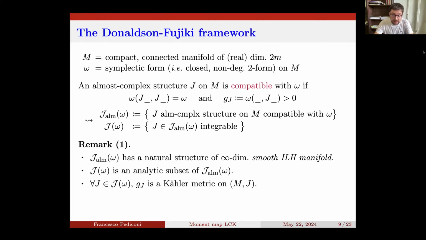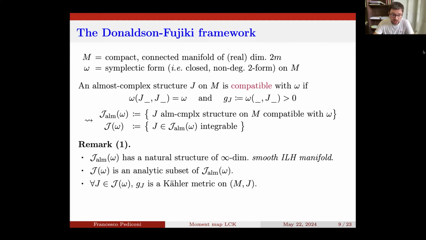Actually, the subset of those J that are also integrable turns out to be an analytic subset, and this can be easily seen because the integrability of an almost complex structure is encoded in the vanishing of its Nijenhuis tensor, and the Nijenhuis tensor depends analytically on J. So this implies in particular that J_omega is an analytic subset of this infinite dimensional manifold.